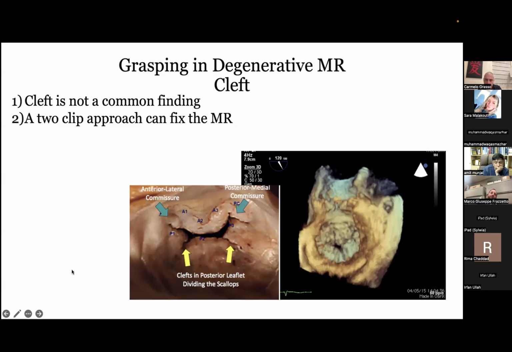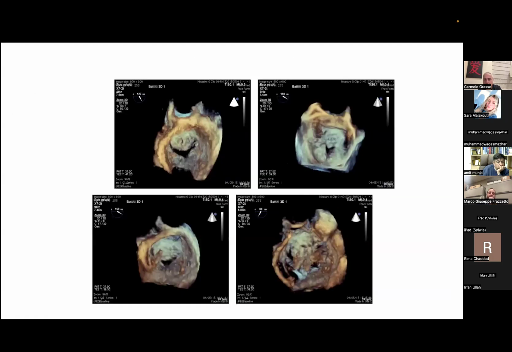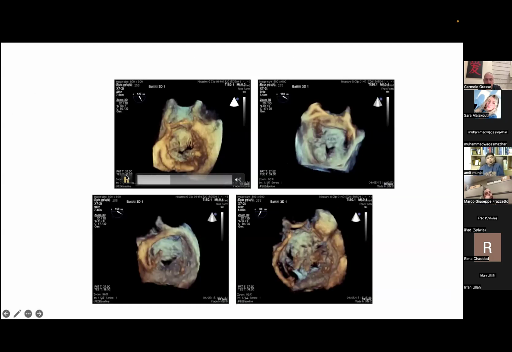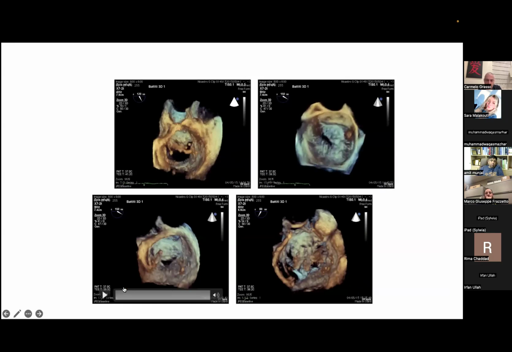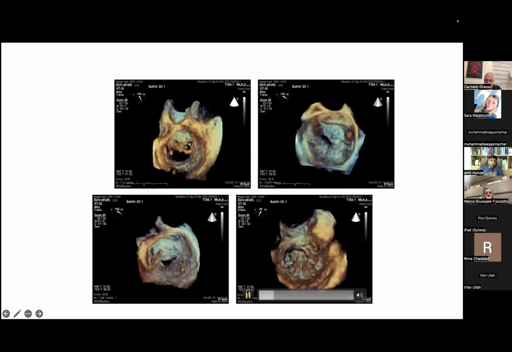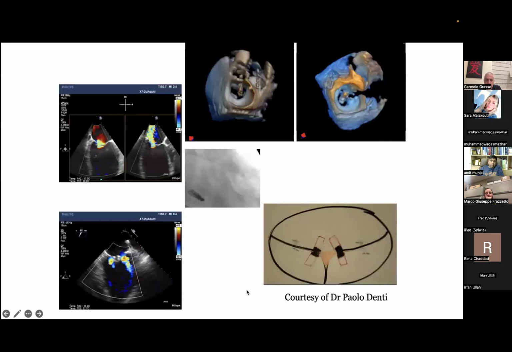By the way, if you find a cleft to treat and you have to deal with it, there are some tips and tricks. As in this case, you can see here the cleft of this patient. Here is another reconstruction, the view from the ventricle.